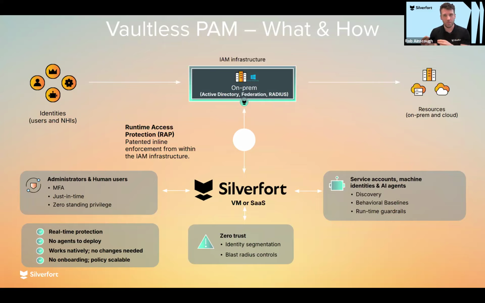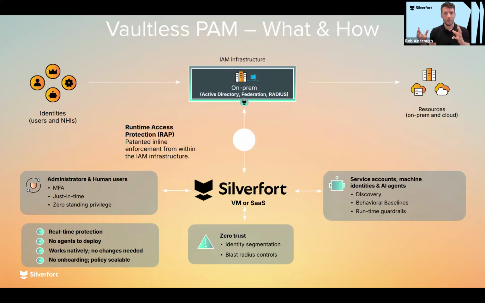So those policies can fall into one of three buckets. The first is it could protect administrators. We can apply MFA. And the beauty of doing it this way is it's done in real time, so it can't be evaded. So I open up my RDP session as normal, put my credentials in, it goes to Active Directory, and then I'll get a prompt on my desktop, maybe through Teams, saying, hey, I need to MFA because it's a high risk session.